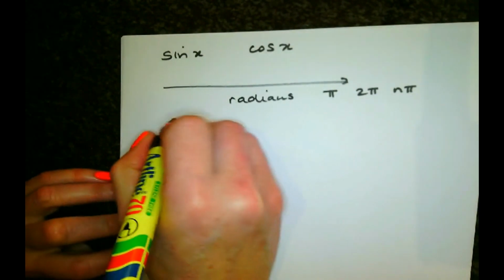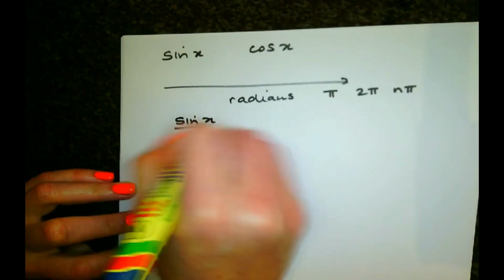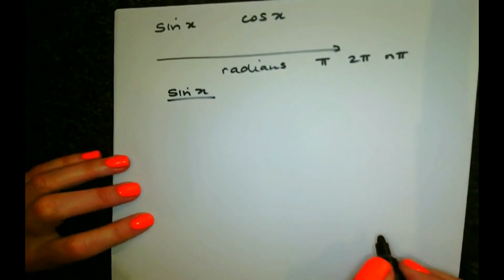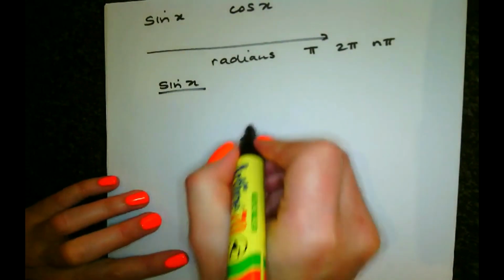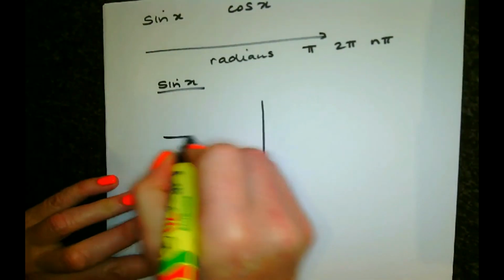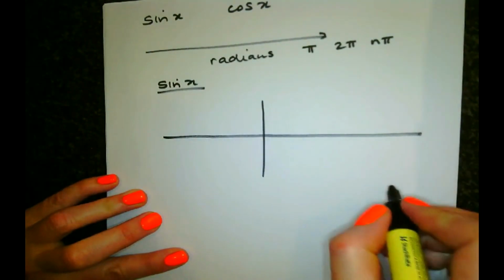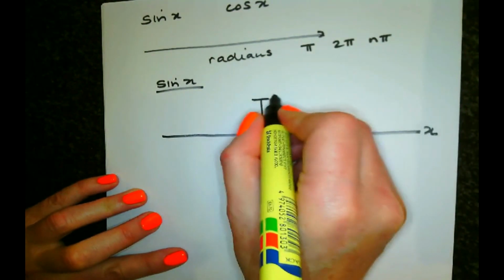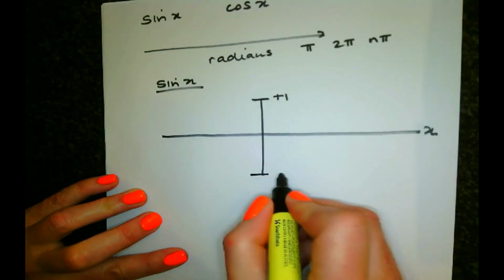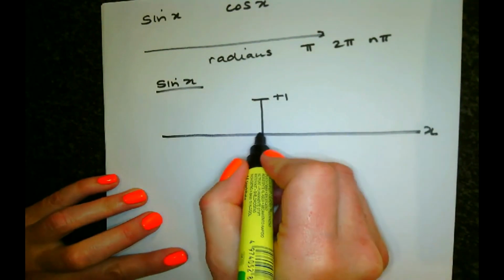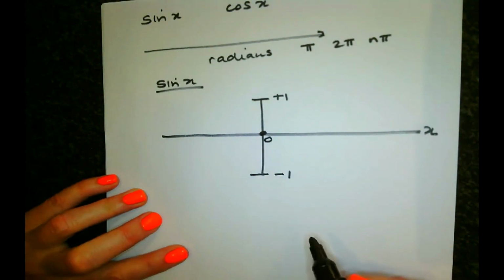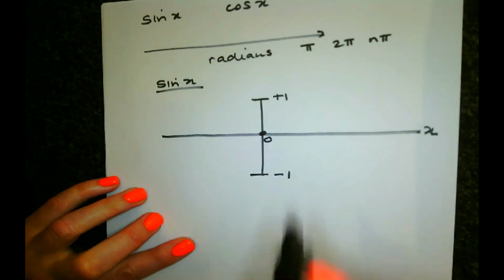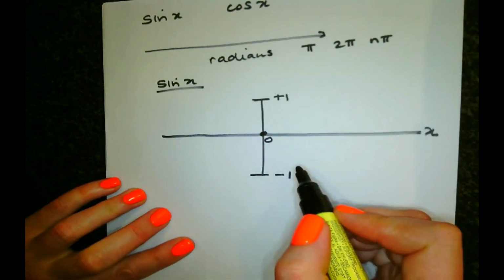So let's first look at the function sine x. If you were to plot this function, that is our x-axis, +1, -1, that is x equal to 0. At x equal to 0, the sine function is 0.